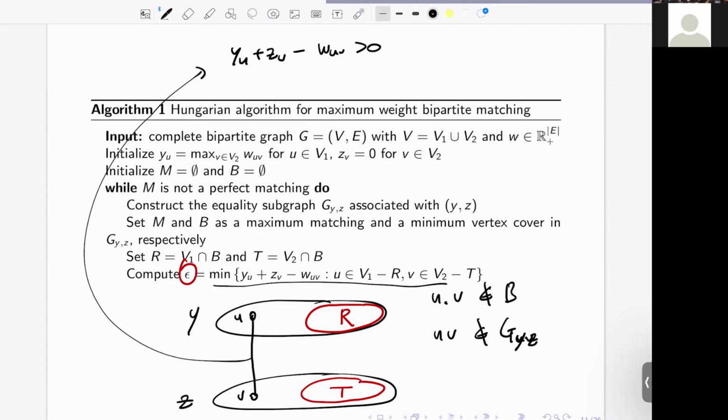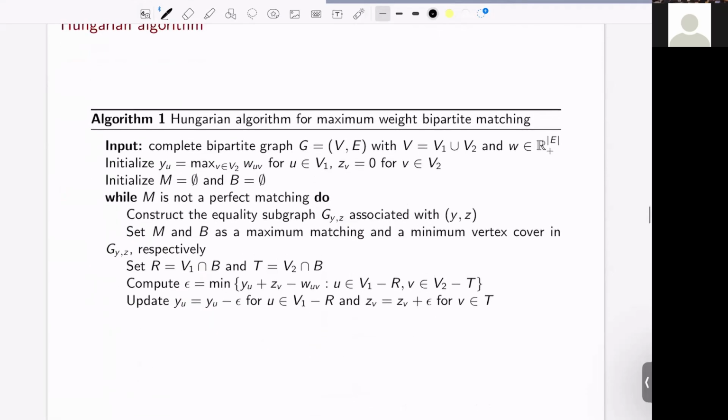The idea is that for each edge UV that doesn't belong to the equality subgraph, I want to reduce this value by epsilon. And because I took epsilon to be the minimum value among them, one edge will have value 0 later on. And that edge will go inside the equality subgraph. To do this, what we do is the following.